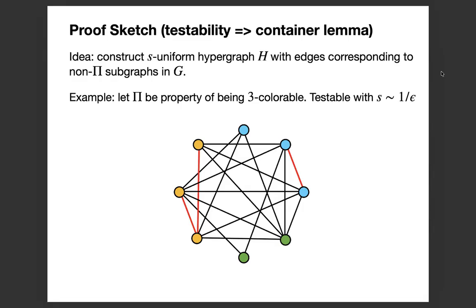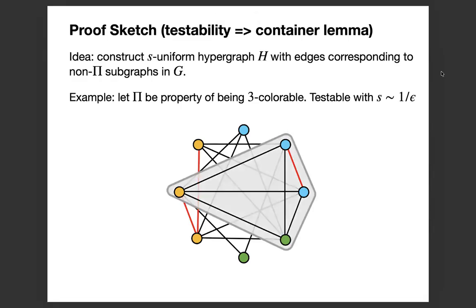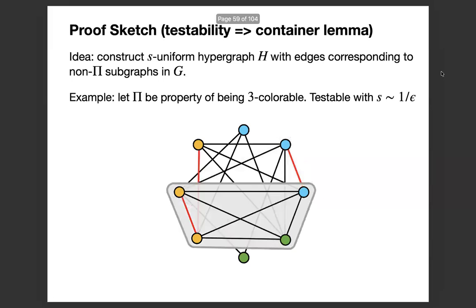Well, it means that if you take some random sample of vertices, then with high probability, it's going to be not 3-colorable. So in fact, this sample here, it's like a rho-clique, which is not 3-colorable. And because you're testable, if you're epsilon far, then there should be a lot of these little samples that are not 3-colorable. So we're going to add all these edges. Here's another one. So we're going to construct a hypergraph that has all of these hyperedges.